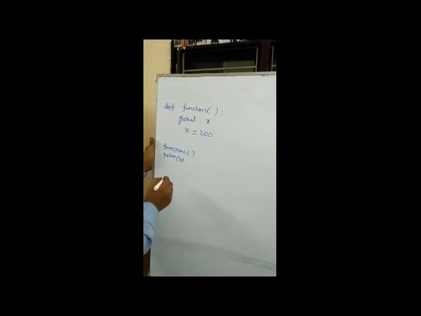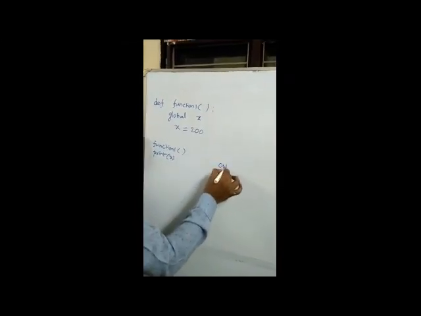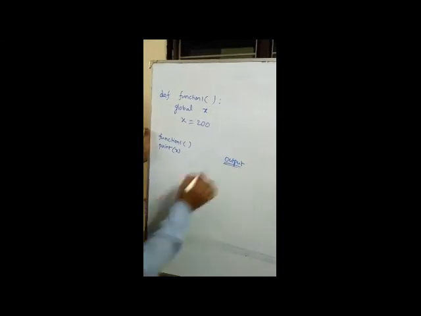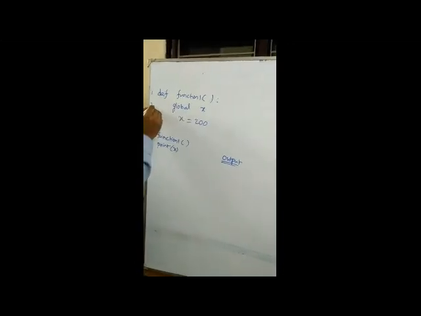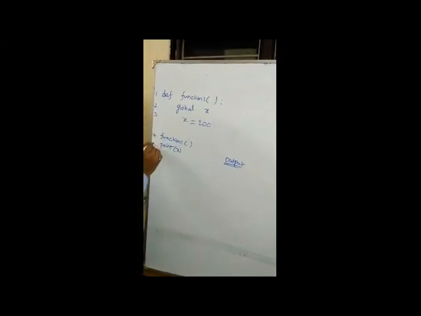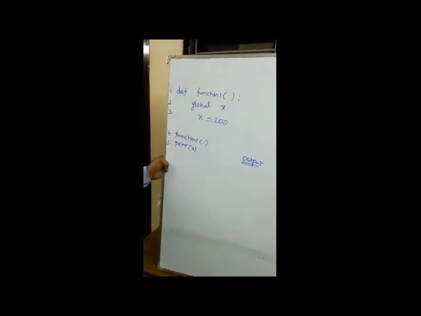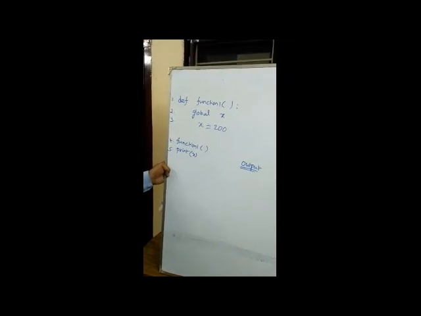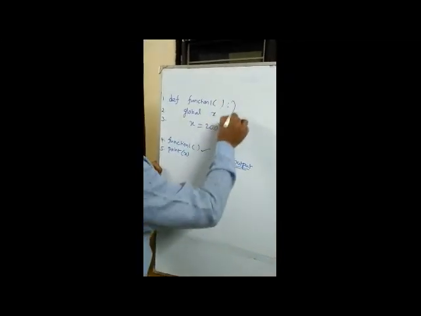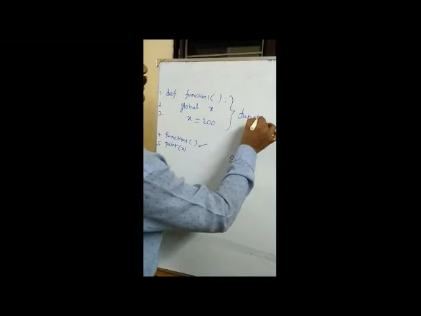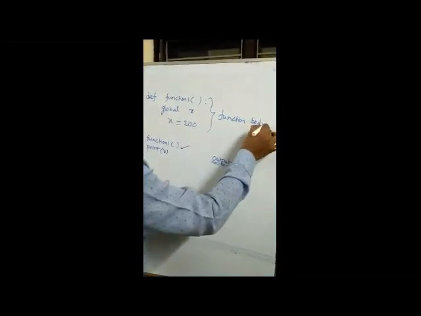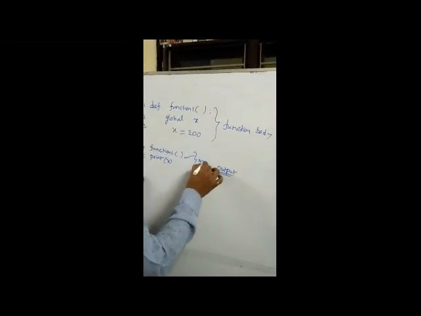When we execute this code, the following output is displayed. Execution starts with line 1, line 2, line 3, line 4, line 5. This is the function body of the function, and this one is the main function.